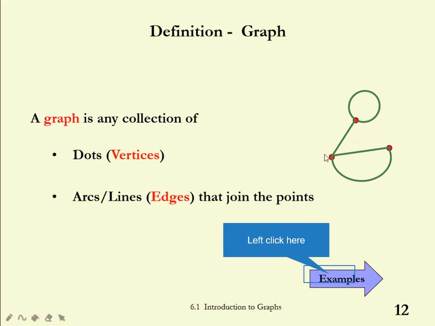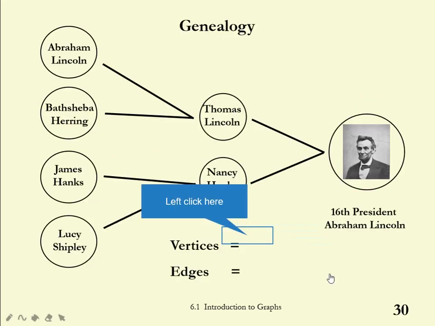Now I am joining these dots with certain lines or arcs, that is what I did, isn't it? There are a lot of explanations required, I will do that one by one in the next slide. But if you have understood this: a graph is a collection of vertices and edges.